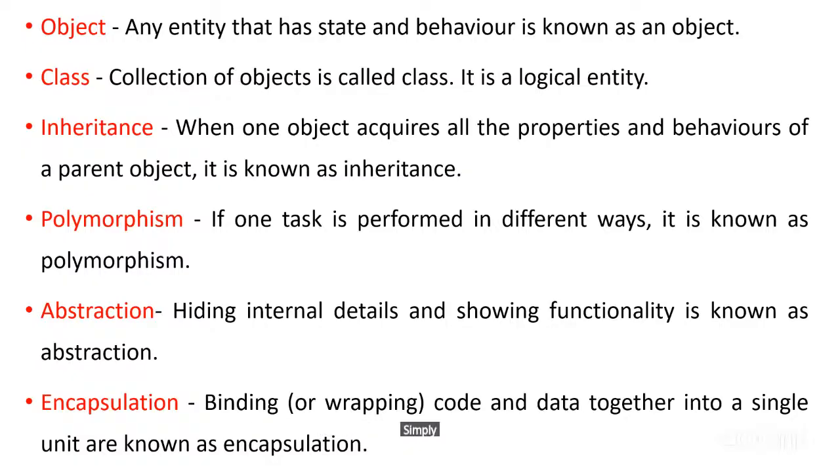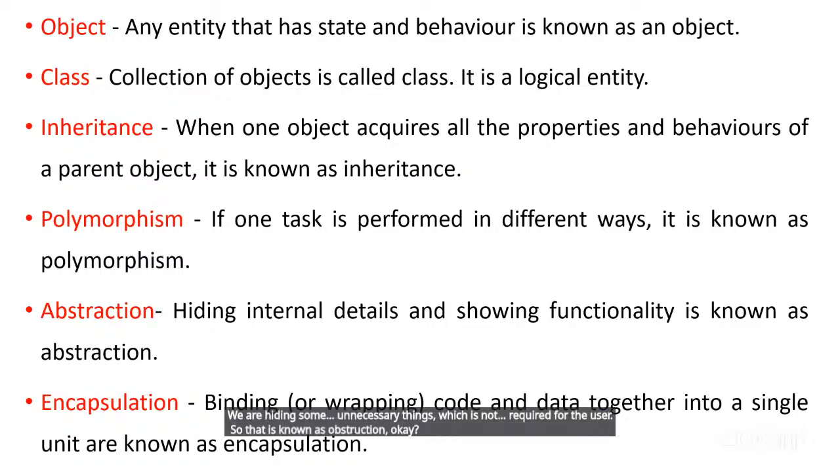Simply, I'm sending the messages and the other person is receiving the messages. That's enough for me. I don't want to know what logic was written in that code. That is totally unnecessary. For the user, we are showing only the essential things. We are hiding some unnecessary things which are not required for the user. So that is known as abstraction.